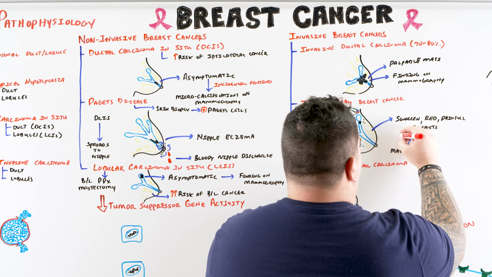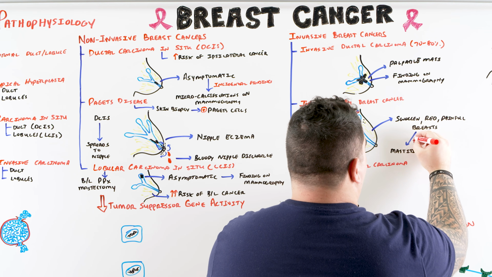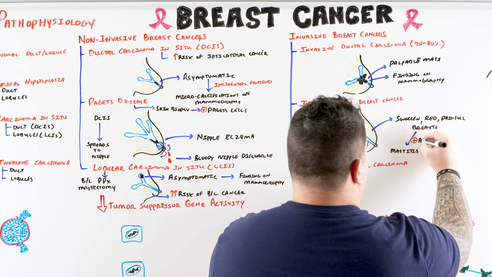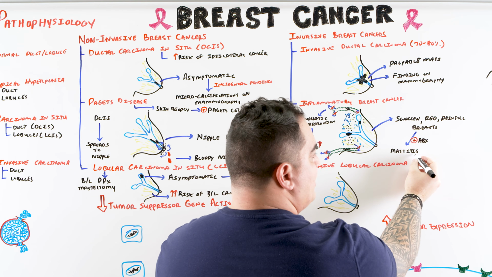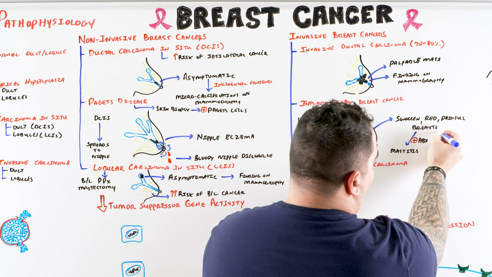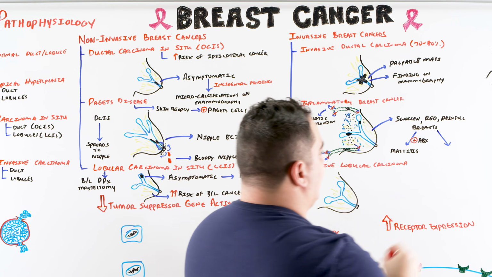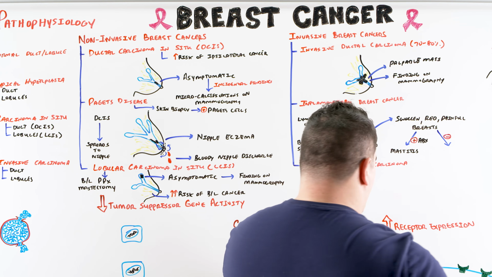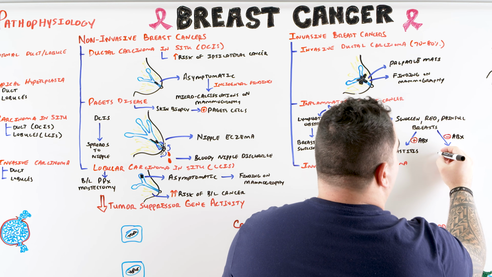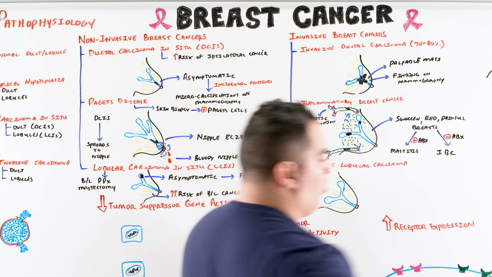And if you gave them antibiotics and it gave a positive response and they got better, it's probably mastitis. But if you had this patient with swollen, red, painful breasts, you gave them antibiotics and it didn't get any better, and if anything, it continued to progress, poor response, this suggests inflammatory breast cancer more often.